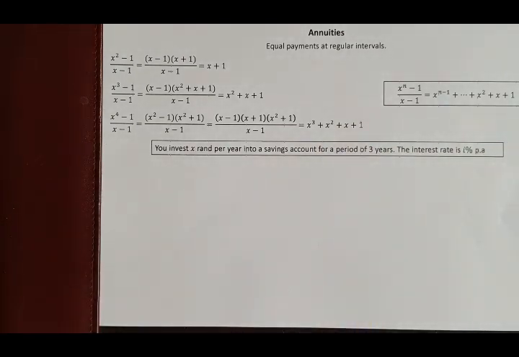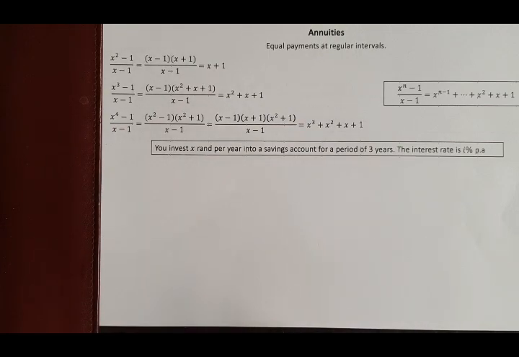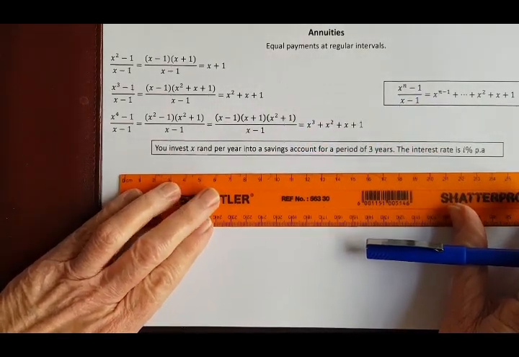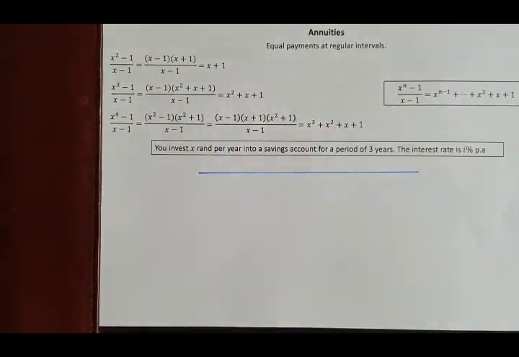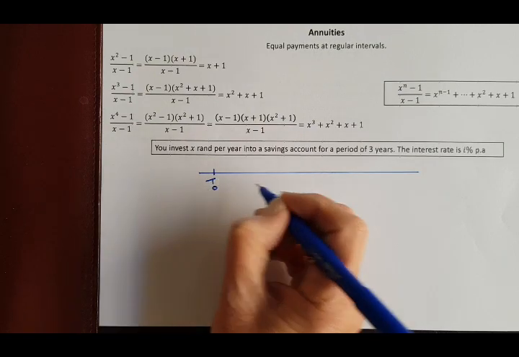Now, I've chosen very small numbers here just so that you can get the idea of what is going to happen. All right, we are investing money every single year for a period of 3 years. So we start off here at T0.